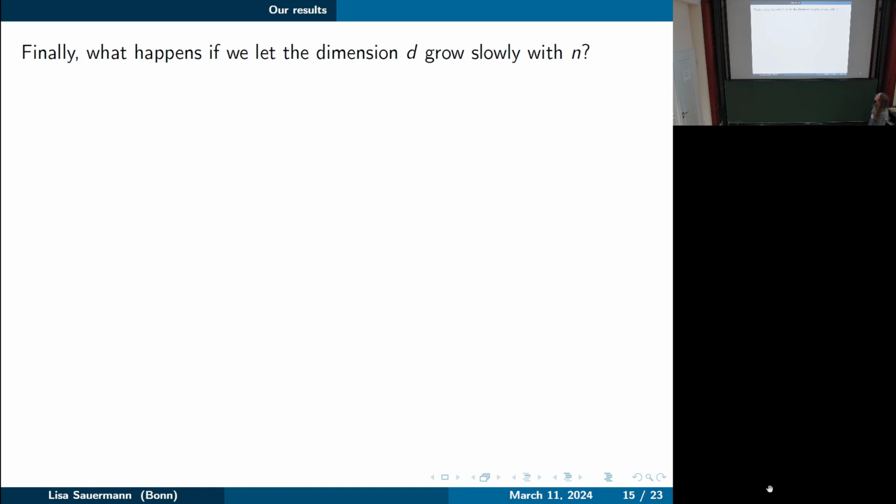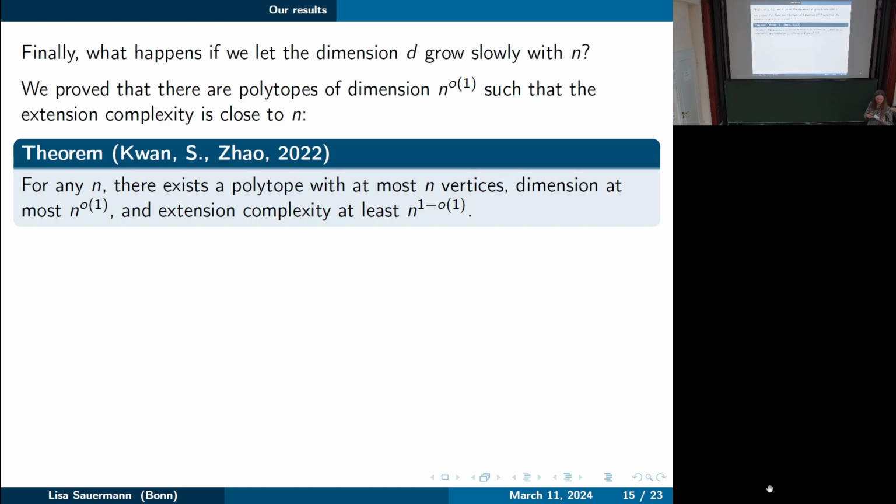But before I do that, let me say one more remark about other things you can ask. So finally, you can ask what happens if you let the dimension d grow slowly with n, because in our results d was fixed and n was large. So one can show that in some sense you can then get polytopes with relatively low dimension whose extension complexity is still in some sense close to n.